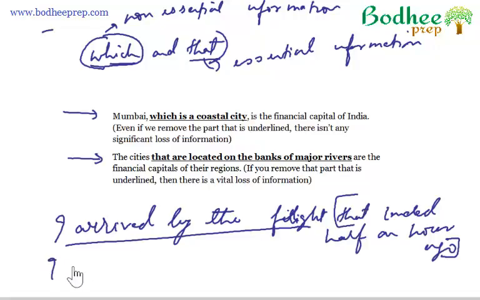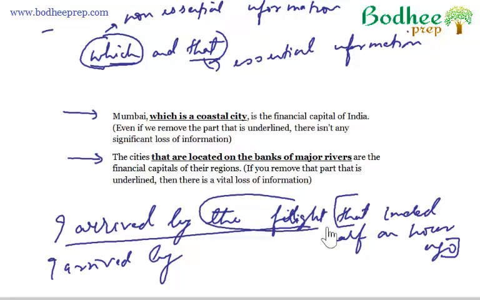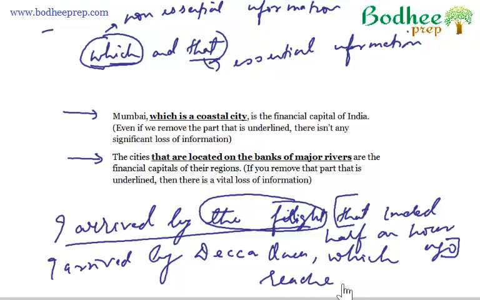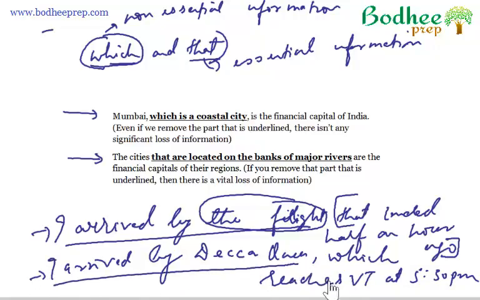So this is the sentence. Suppose I replace the word flight with train: I arrived by Deccan Queen, which reaches Victoria Terminus at 5:30 p.m. Now we have two different sentences here. One says, I arrived by Deccan Queen, which reaches VT at 5:30 p.m. The other, I arrived by the flight that landed half an hour ago.